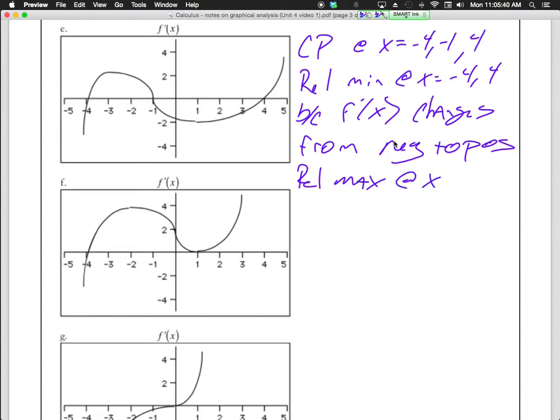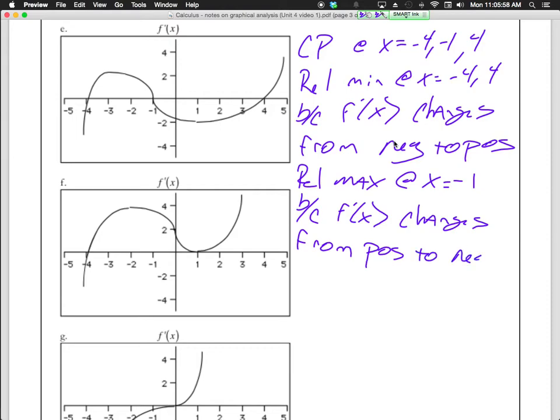Alright, the other one, relative max at x equals -1, and my stamp justification: because f prime changes from positive to negative. There it is, very good.